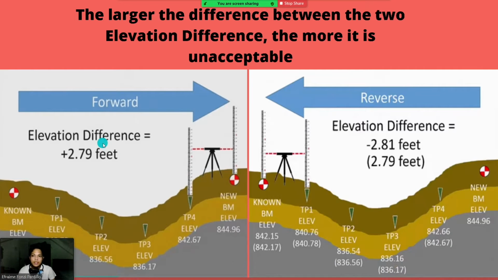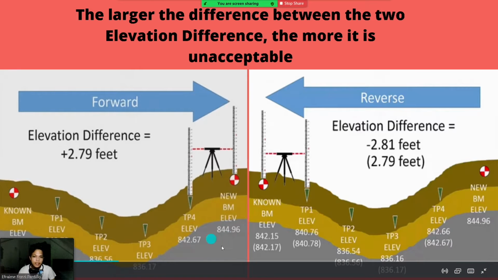In the forward way, we have an elevation difference of 2.79 feet. This is calculated by subtracting the known elevation given, which is 842.17, from the final elevation, which is 844.96.